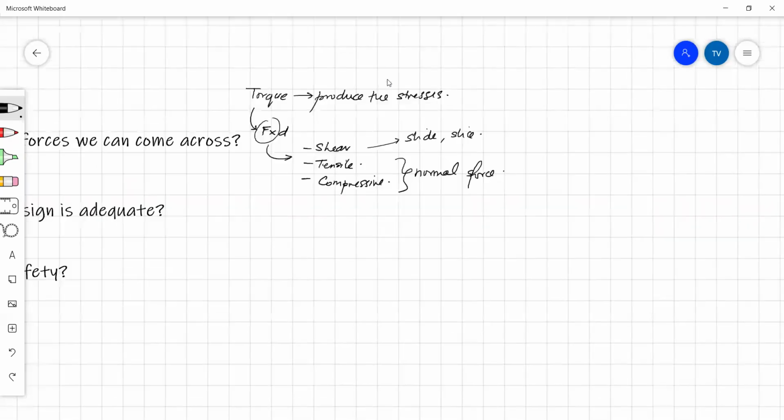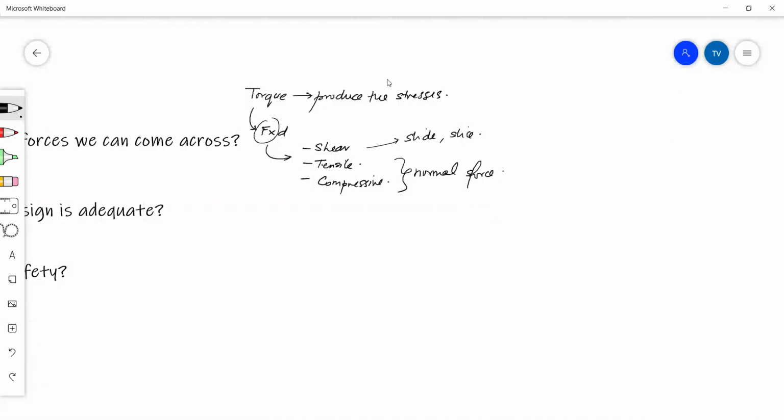So if I give you a shape, let's say this cylinder, and I apply a force here and another force here, what type of force is this? Tensile. Yes, this is tensile. It's pulling the material, and the force is perpendicular to the surface.